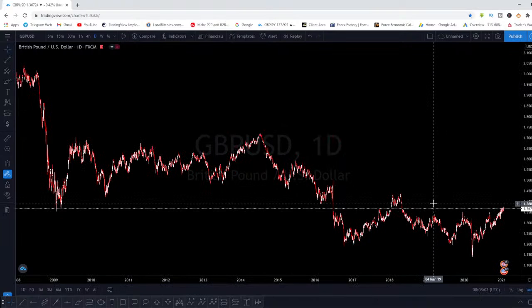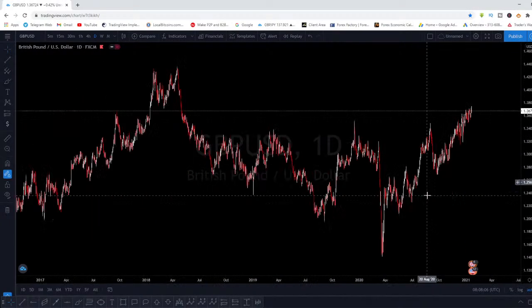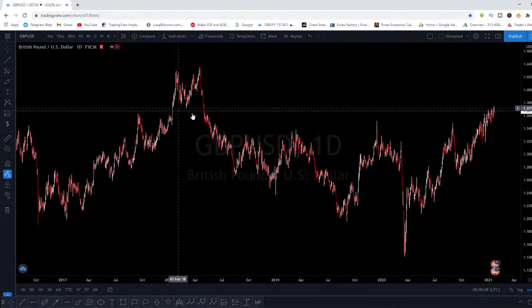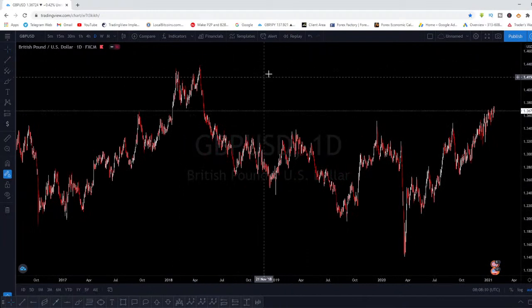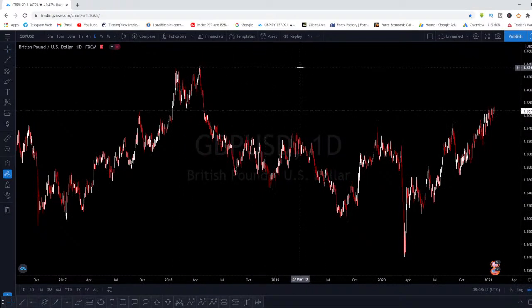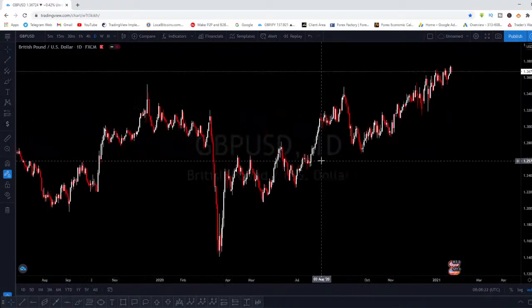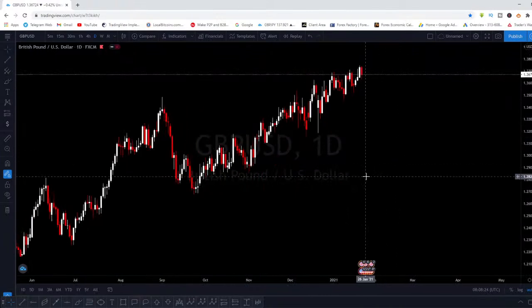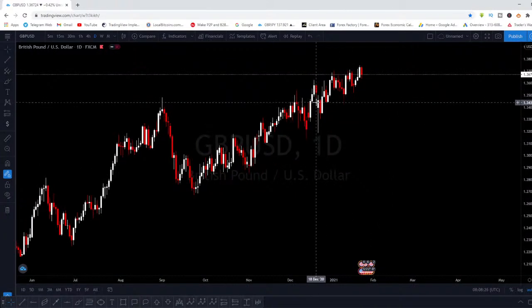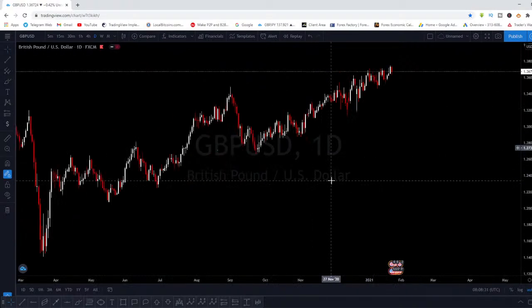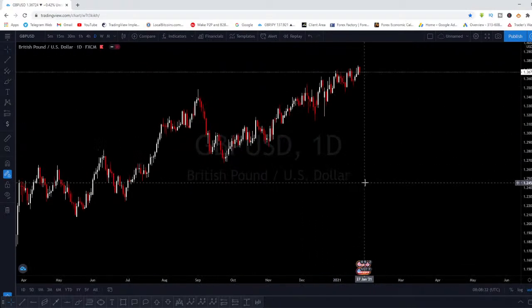If GBP USD is able to break out of this structure, it's going to continue to push to the upside to around price 1.43436. That's the price I'm expecting GBP USD to go up to after it breaks the structure I'm seeing to the upside. But we might see a retracement to the downside at any moment from now.